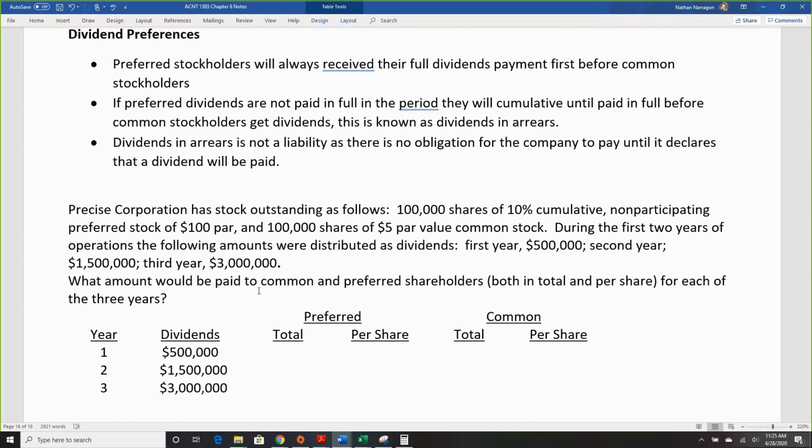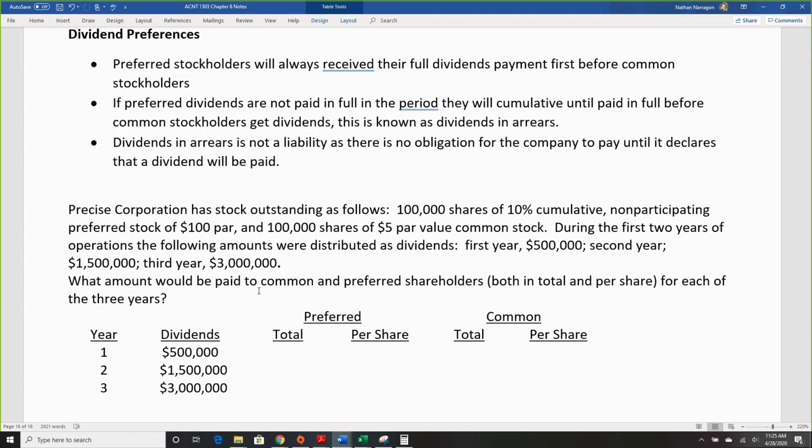So when we look at this, it probably will give you like one workout problem. And basically it's going to fall like this. This is a really down and dirty example. We have Precise Corporation. Precise Corporation has stock outstanding as follows: 100,000 shares of 10% cumulative, non-participating preferred stock of 100 par, and 100 shares of $5 par value common stock.